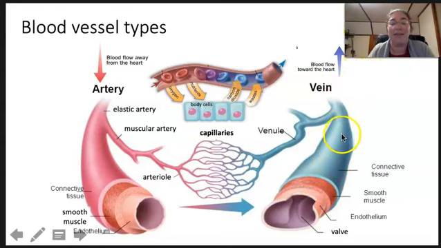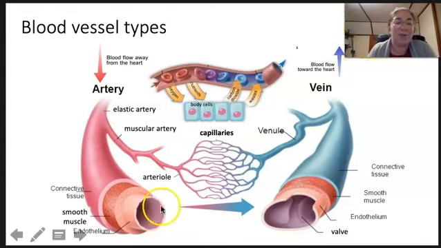Veins break down into smaller veins called venules. So really we go from the arteries to the arterioles to the capillaries, then to the venules and the veins, and back to the heart, and we keep circulating.